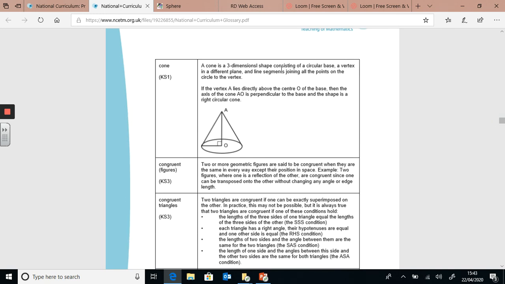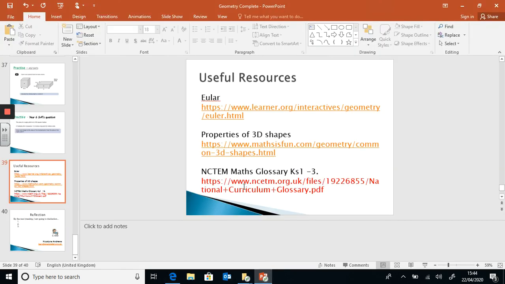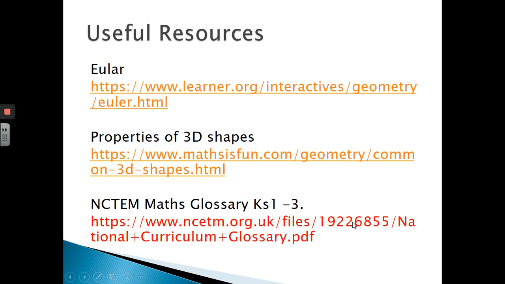So there you have it. That's definitely something I would recommend printing off and having a copy to refer to. That's this link at the bottom here.